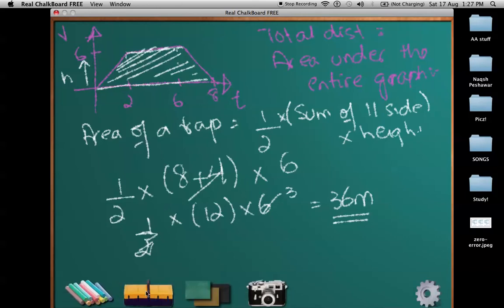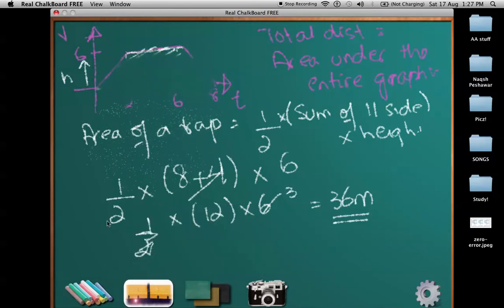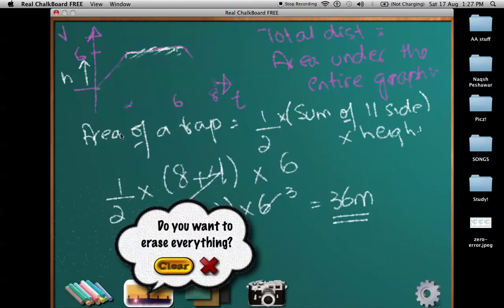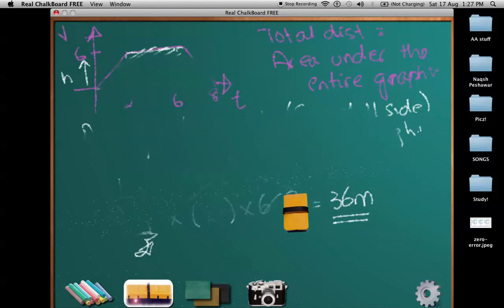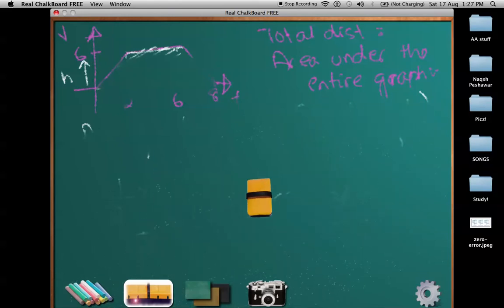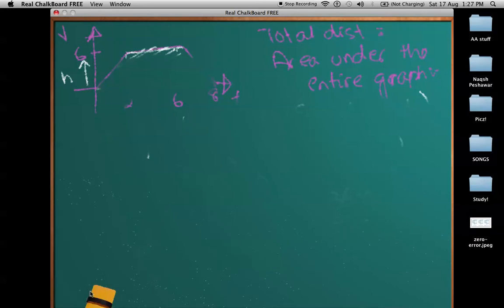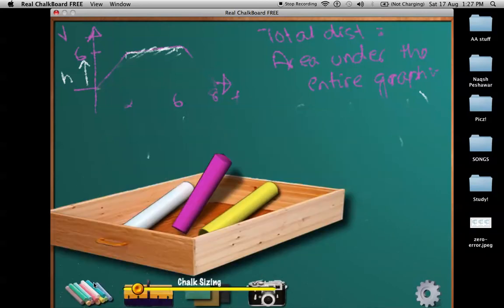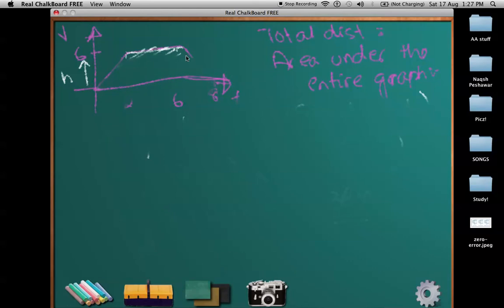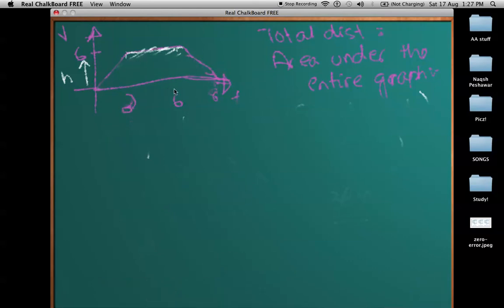The case would be a little different, for example, if the same graph is given, with 2, 6 and 8 marked, and the question says, find the distance traveled in the first 6 seconds.